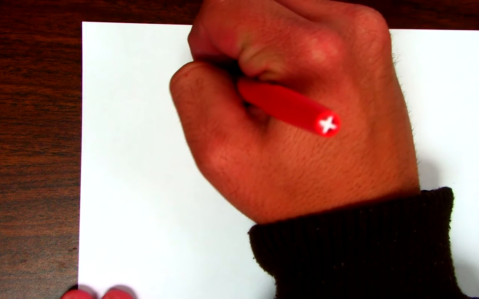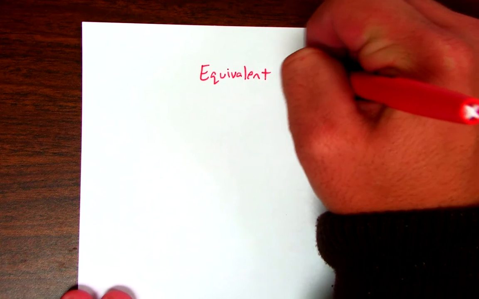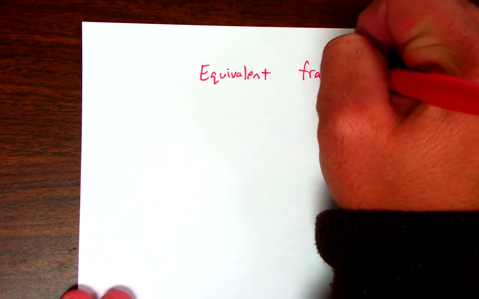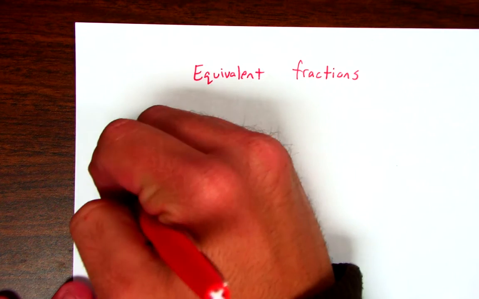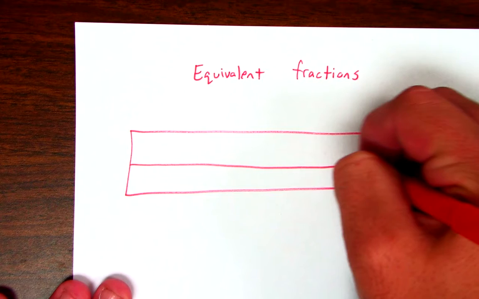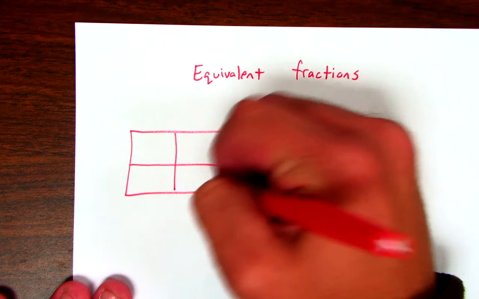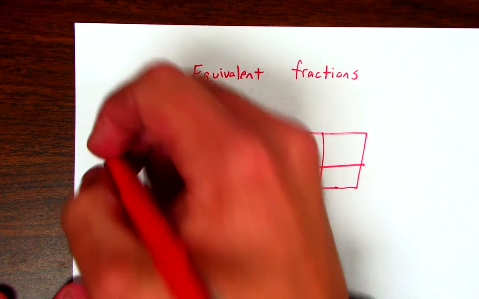Now, I know on your homework it talks about equivalent fractions, so I'm just going to do right here, equivalent fractions. Well, guys, I think an easy way to do equivalent fractions, why don't you just make a little table here? Okay, so let's say I have a fraction of 1/4.